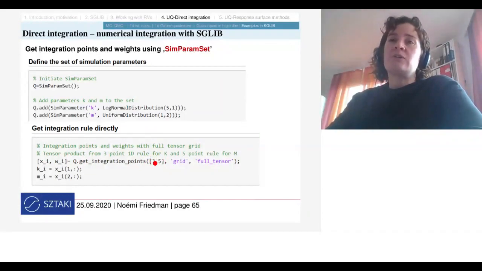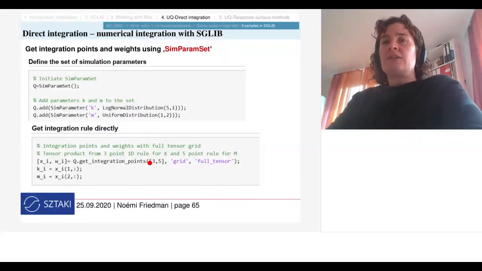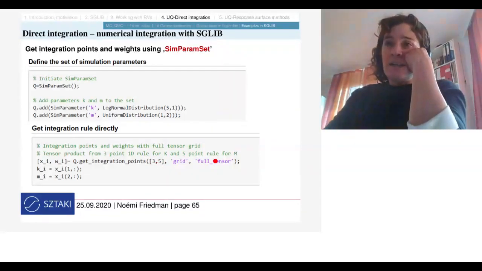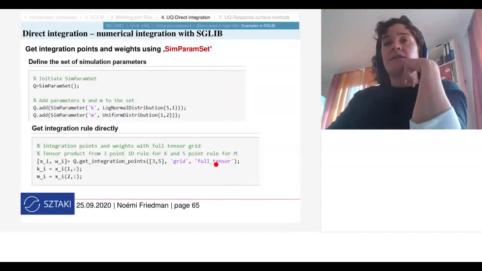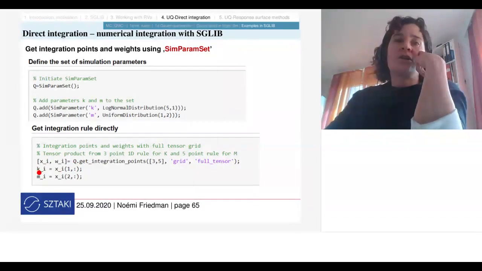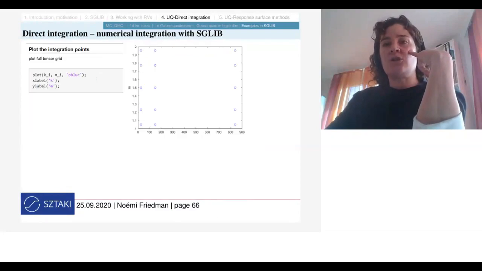This is something that I cannot do for sparse grid because it's not implemented there, because with the Gauss quadrature it's difficult to apply that. With some nested rules, it would be easier, but it's not there yet. And I define whether I want a full tensor or a sparse grid rule here. And then I get directly the values for the k and the m for these generated integration points.